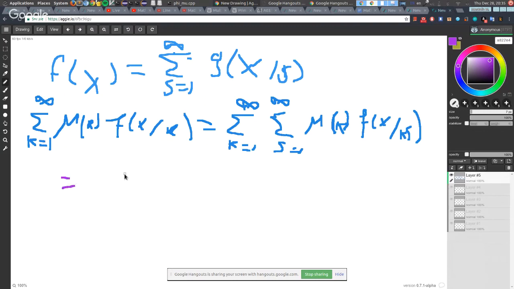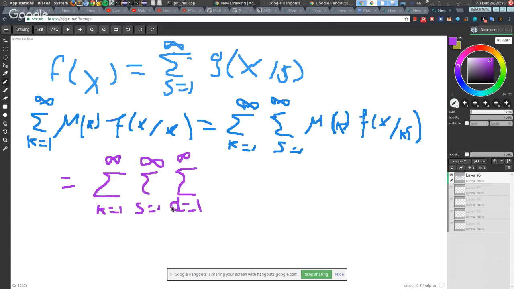So here I will proceed. I'll add a third summation, actually, to make things look more complex: k from 1 to infinity, s from 1 to infinity, and the third summation n from 1 to infinity. Here we have mu of k times g of x over n, and we put the condition that n is equal to ks.